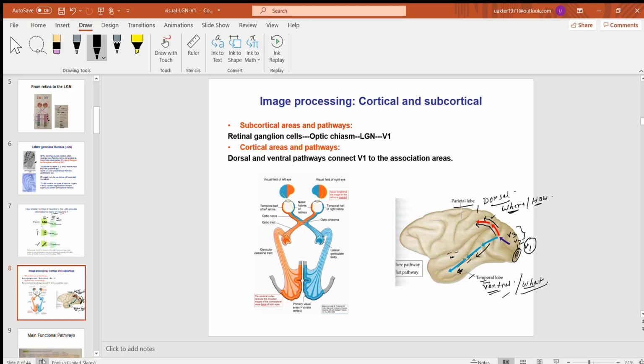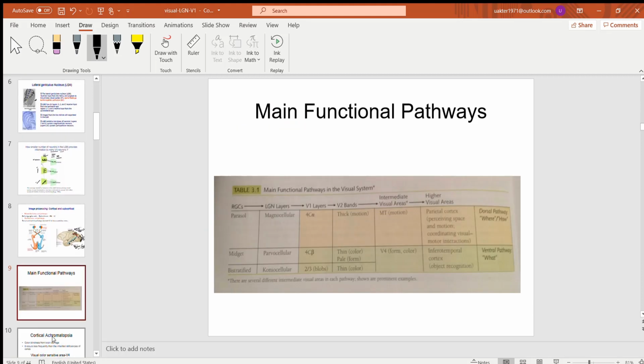Okay, now let's see. This is a nice chart. This is very helpful to understand the entire visual pathway from the retina all the way to the higher areas. So let's start from the retina. Retinal ganglion cells. You know there are three types of cells, right? Parasol, midget, bistratified.